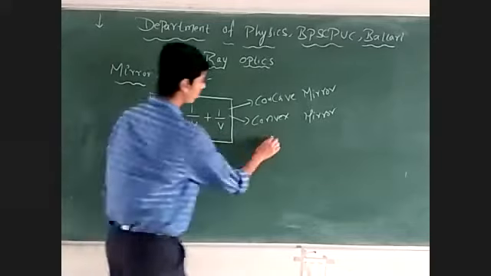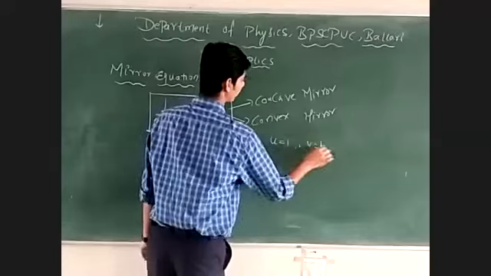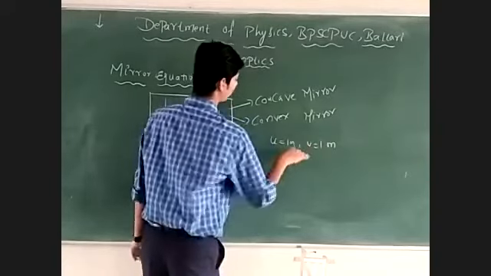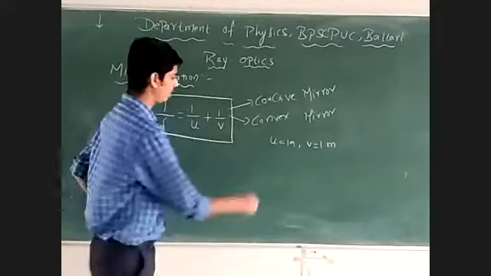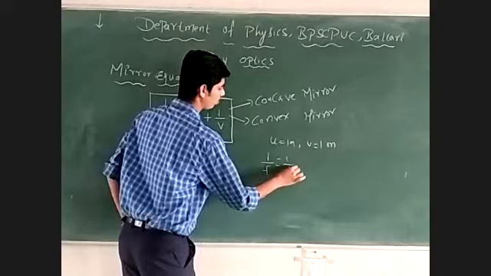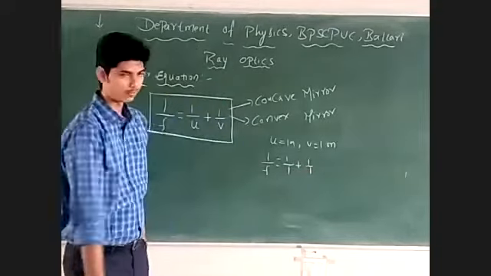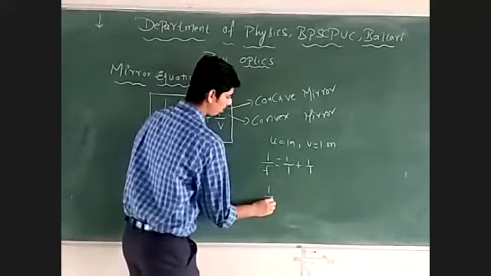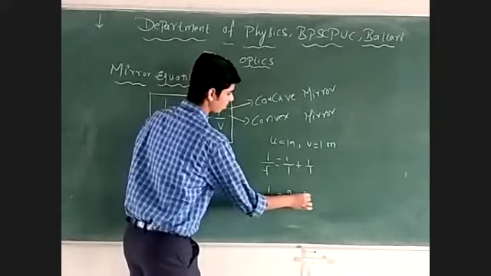suppose u is equal to 1 and v is equal to 1, say 1 meter each. Object distance is 1 meter and image distance is also 1 meter. So 1 by f is equal to 1 by u, which is 1 by 1, plus 1 by v, which is 1 by 1. So 1 by f is equal to 2, since 1 plus 1 is 2.